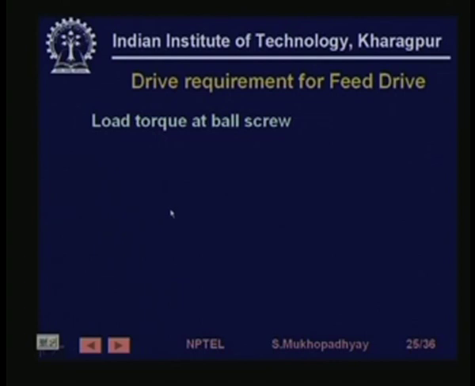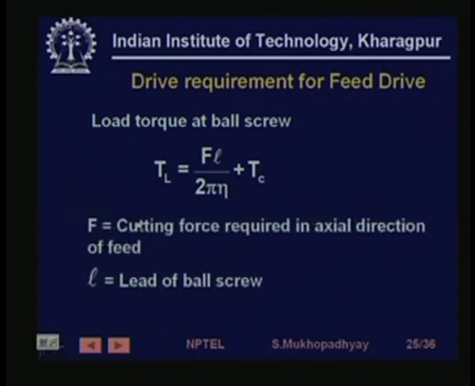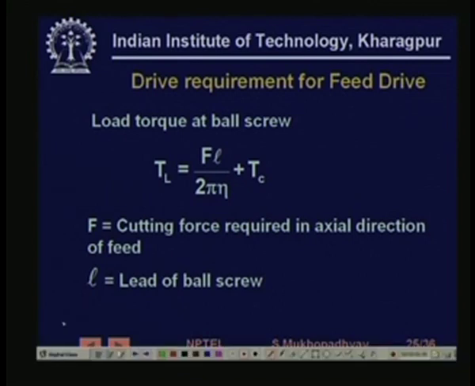So basically if you see the load on the drive, then the load is given by an expression like this, where the load torque, this is TL, load torque, is the torque due to the cutting force, which in the case of turning is occurring at the tip.